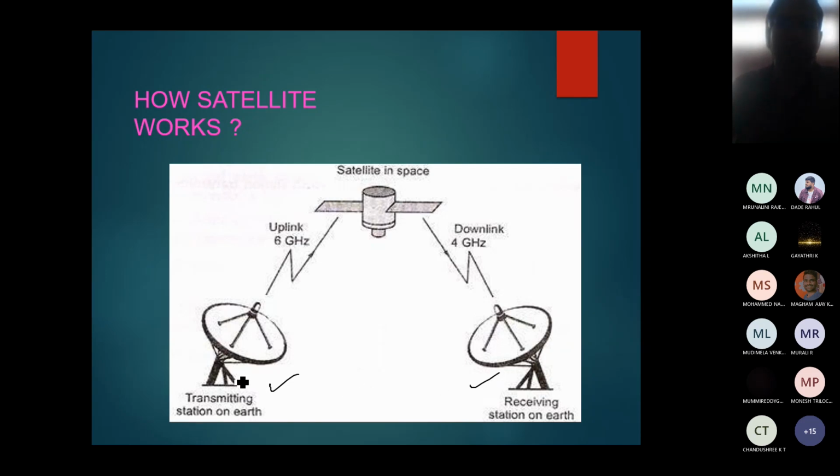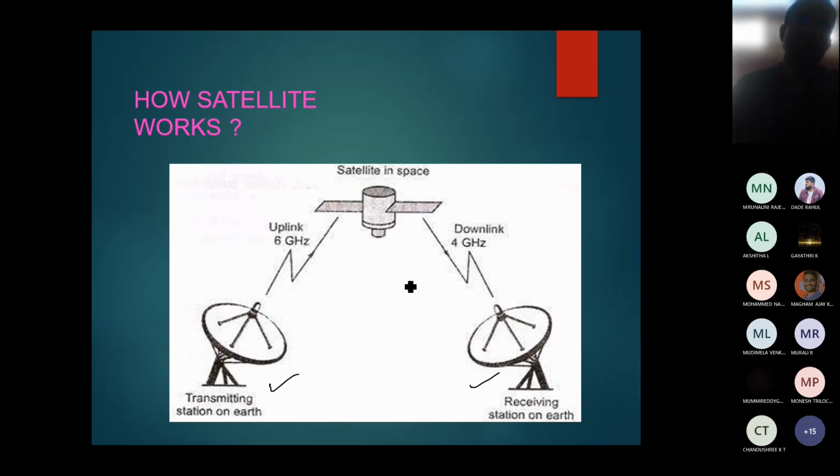One of the ground stations you can see in this diagram is a station on the earth transmitting some signals to the satellite. And there is another ground station which is receiving on a different link, that is called the downlink. This is the communication link between the satellite and the receiver.